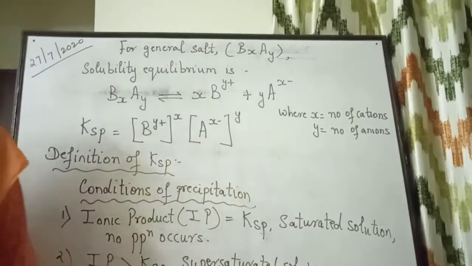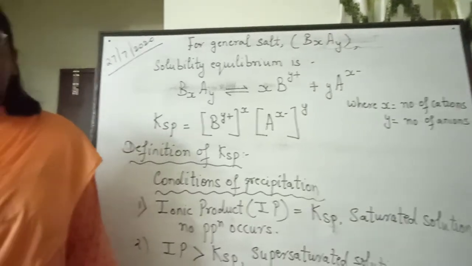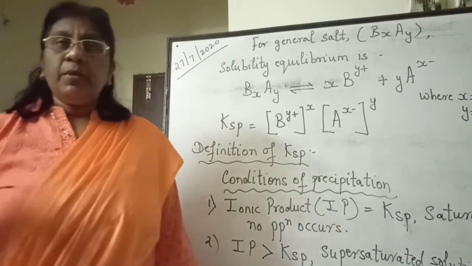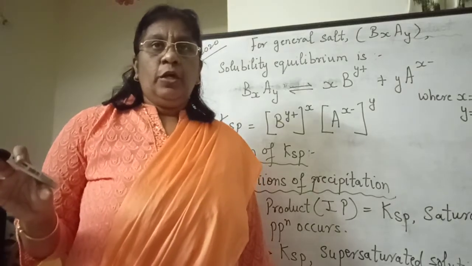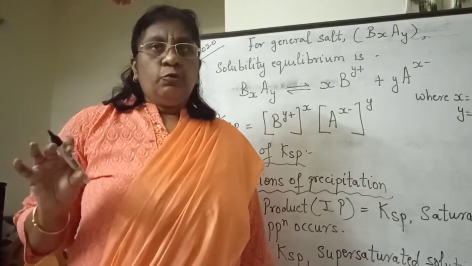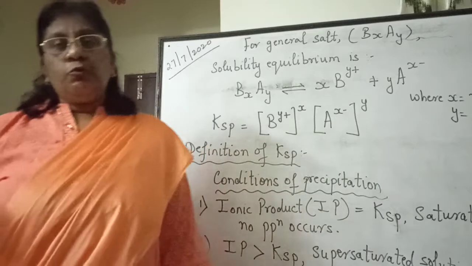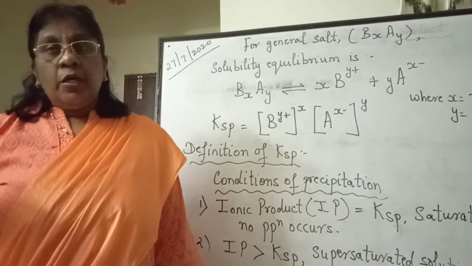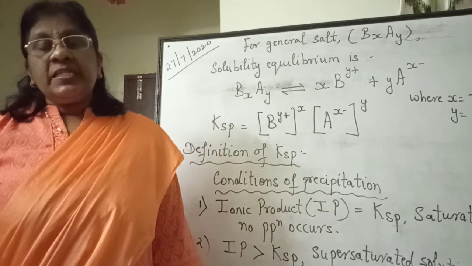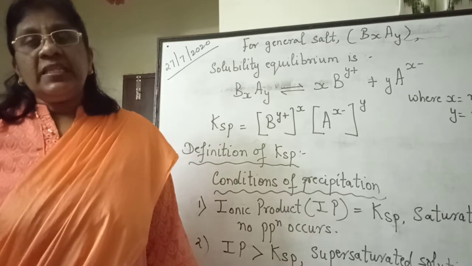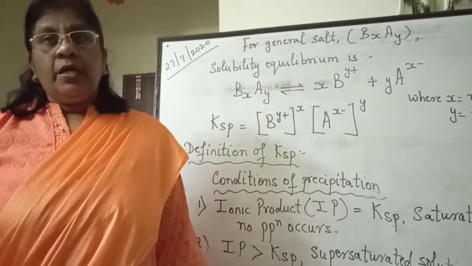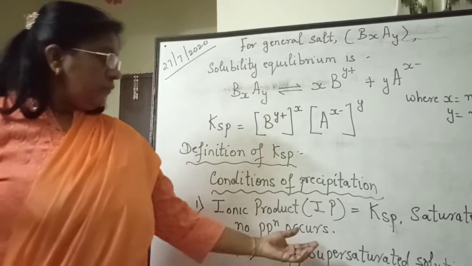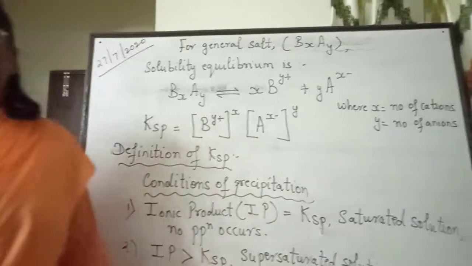A saturated solution is that solution in which maximum amount of solute is dissolved in minimum quantity of solvent. A supersaturated solution is that solution in which solute is dissolved more than the saturation limit in minimum quantity of solvent.